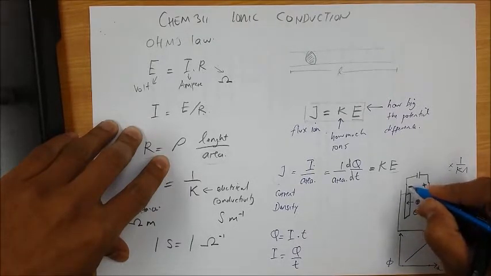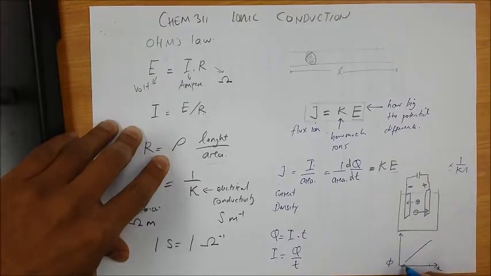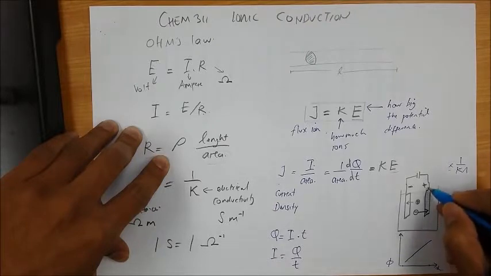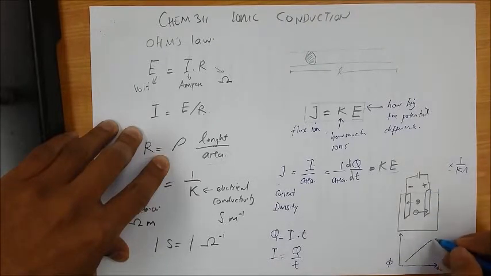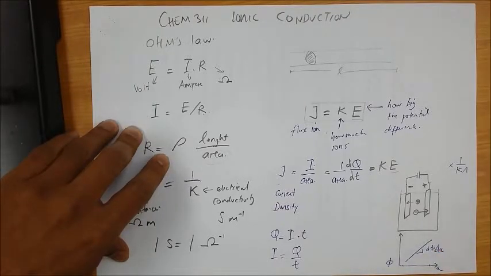The negative electrode has a more negative electric potential, and the positive electrode has a more positive potential. Now the slope here is d psi over dx, right? Because the difference of the electric potential here will be d psi over dx.